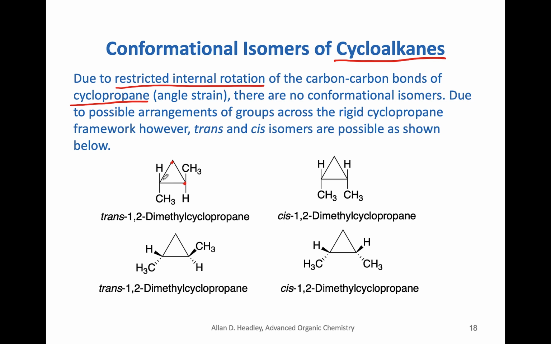So there's literally no rotation here. Angle strain is extremely high. So what happens here, we have trans and cis possibilities where the groups can be above or below the plane of that cyclopropane as shown here. Here's just another representation using your dashed and wedge representation here.